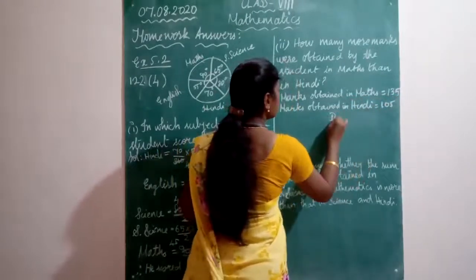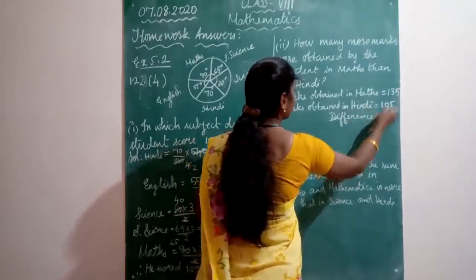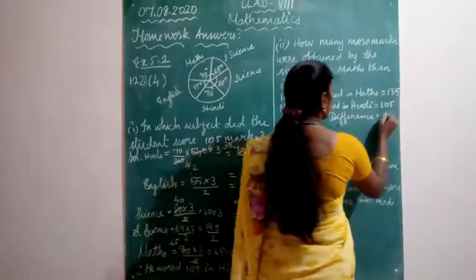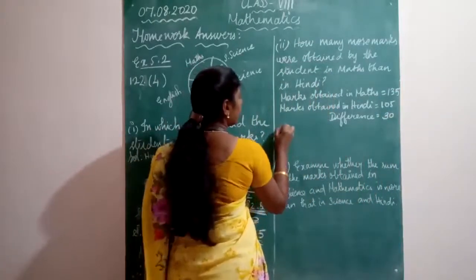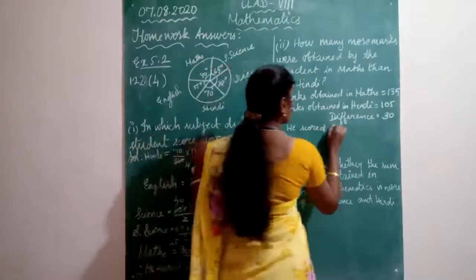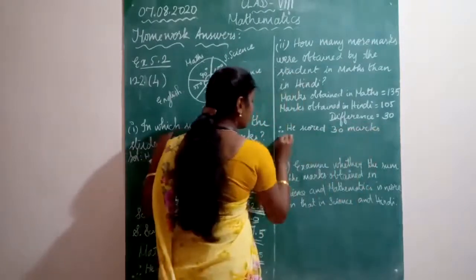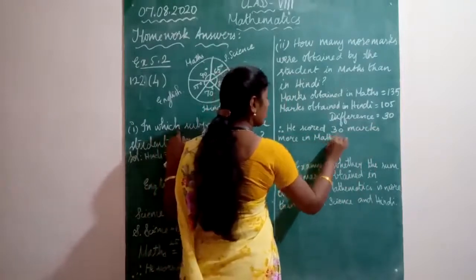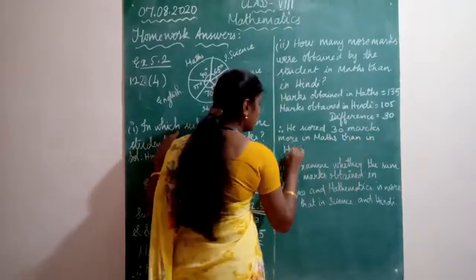Okay, so what is the difference? You have to subtract 135 and 105, so the difference is 30 marks. Okay, so you will write, therefore he scored 30 marks more in maths than in Hindi. Clear?